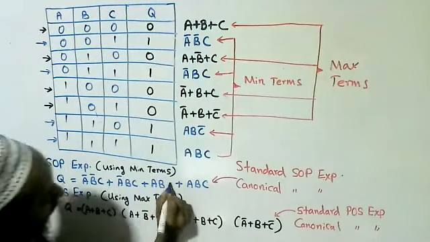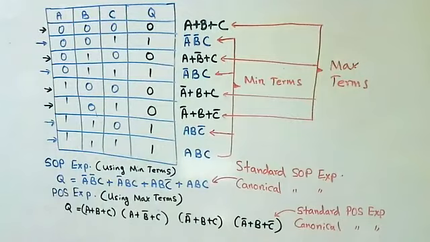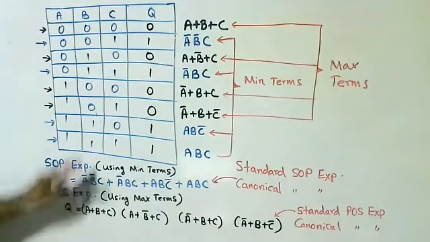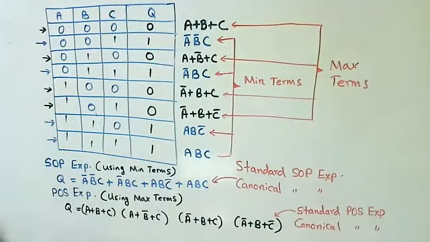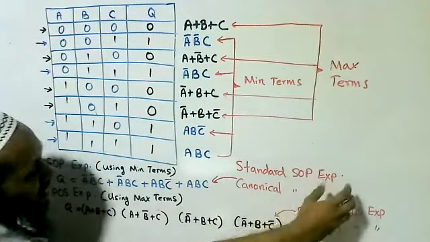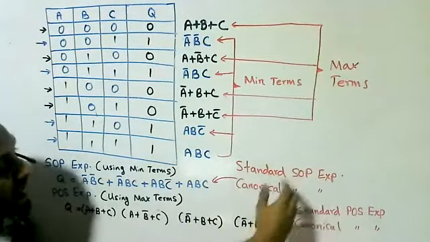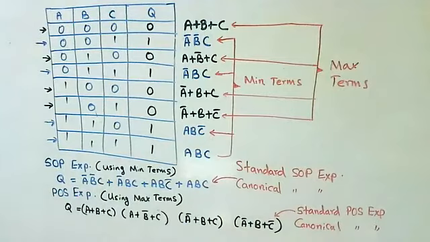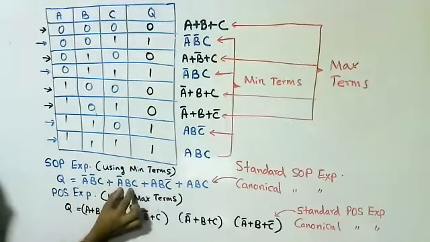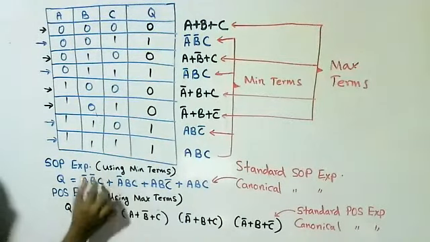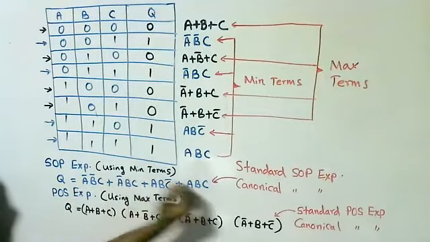While we are taking an SOP expression by using a truth table, we are getting standard SOP expression. Even we can say canonical SOP expression, because in each min term, all the inputs, all the variables are included.